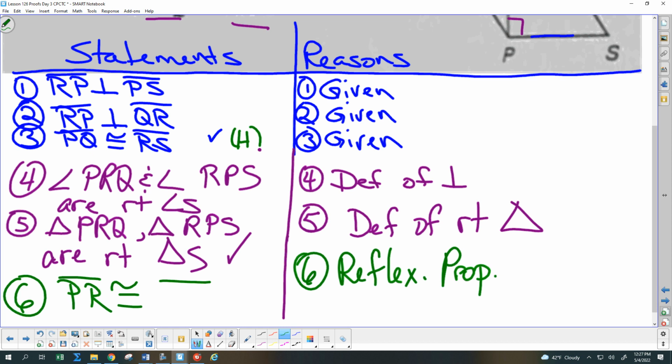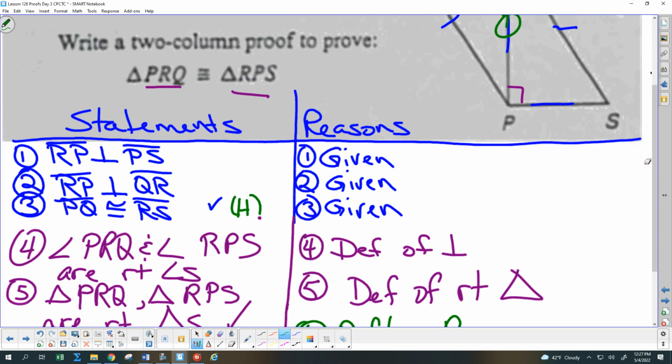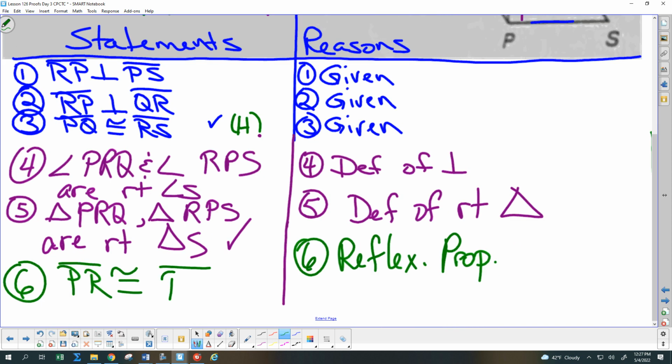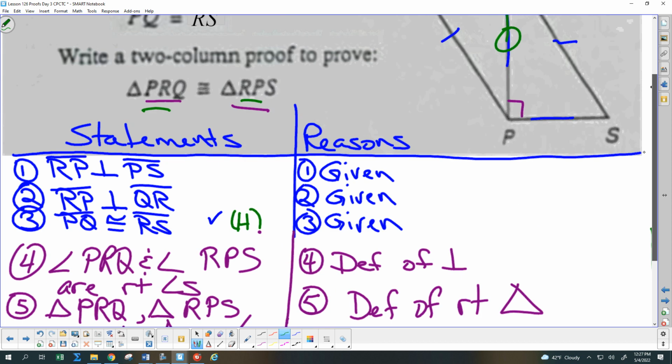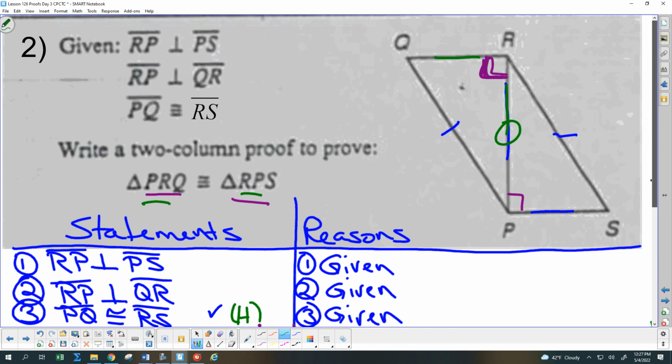I look at my congruency statement up here. PR was letter 1, then letter 2. Letter 1, then letter 2 over here is RP. So I need to switch it around. Because angle R in the left triangle is not congruent to the angle R in the right triangle. Angle R in the left triangle is congruent to angle P in the right triangle. That's where it comes in that we had to do the switch.